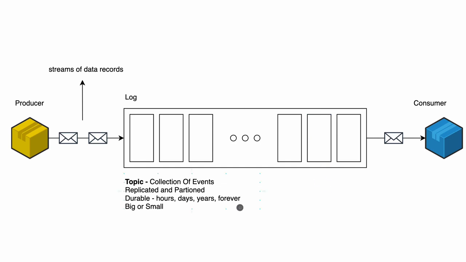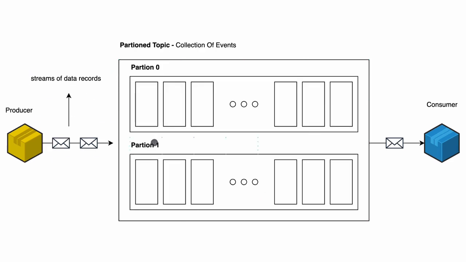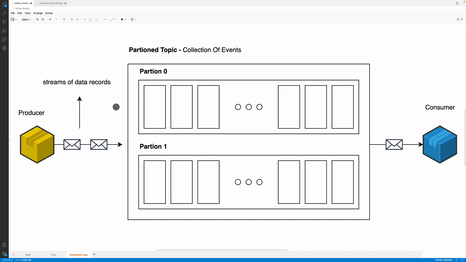Now, let me quickly touch on partitioning. As I said, there is nothing that says whether a topic can be small or big. So there's no size limit for them really. Now, you could have one node that is big enough to hold one topic, right? So if you have a massive topic, you can have one giant node to hold that. Or instead, these days, as you know, we can scale up or down because of the cloud and resources are cheap.